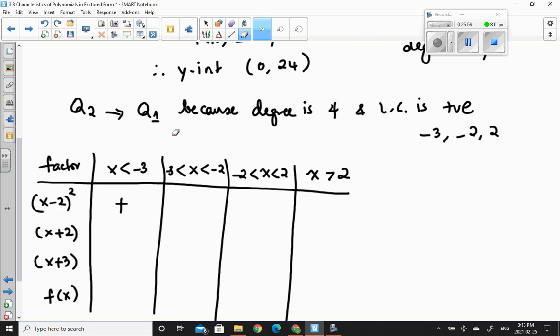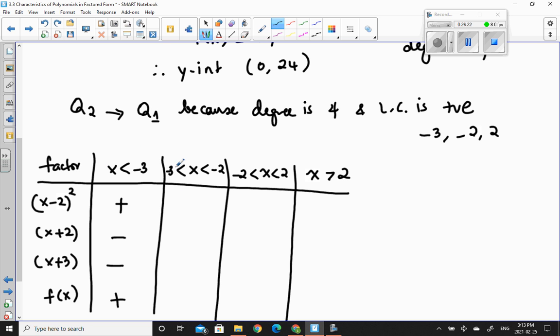I should have written negative here. And this is also negative. So if you multiply this with this with this, positive with a negative and a negative, what is the function going to be? A positive times a negative is negative, and negative times a negative is positive. So the function is going to have positive values, or the y values are going to be above the x-axis for values of x that are less than -3.